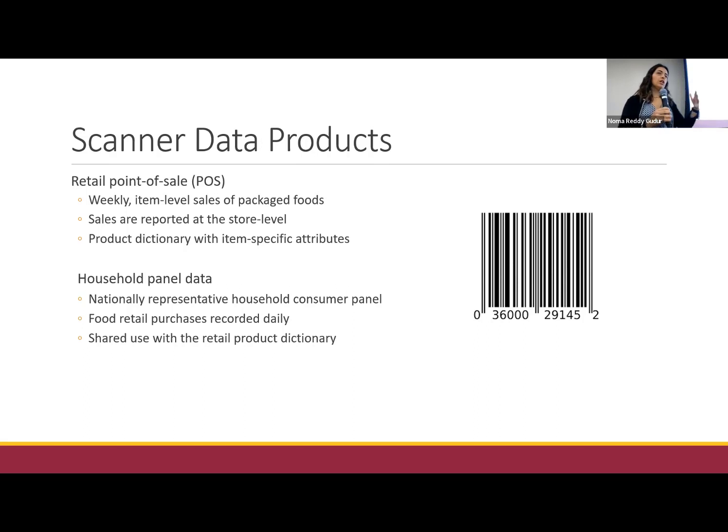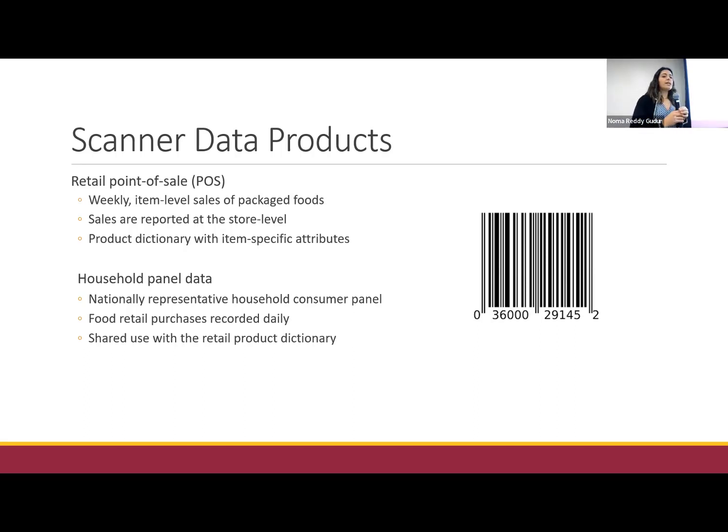And that includes a number of things about what items are sold, but also the quantities that were sold and the prices of those products during that particular week. And we have a product dictionary with item-specific attributes that we can use to identify which products are being sold, not just a barcode, as you see here on the right-hand side of the slide.